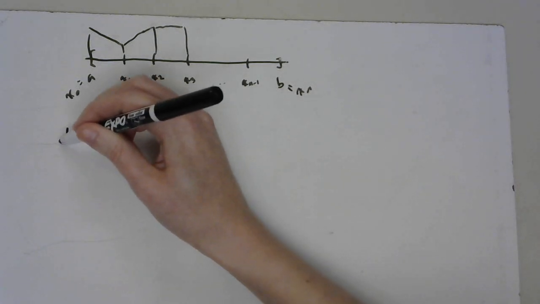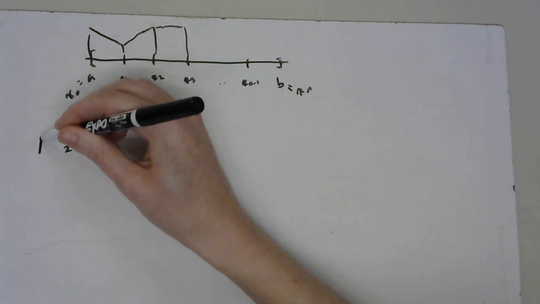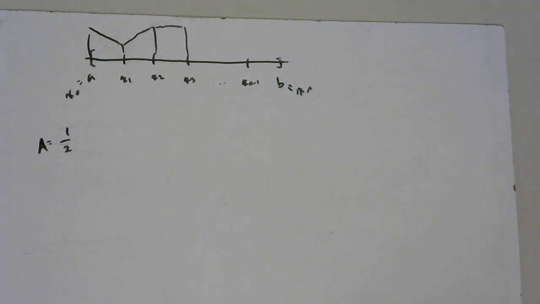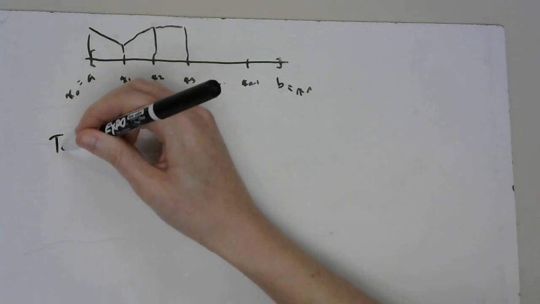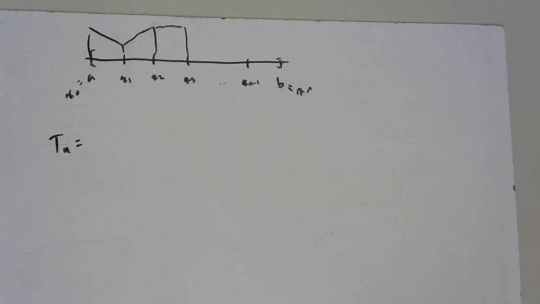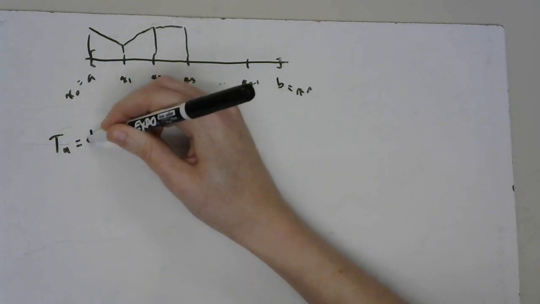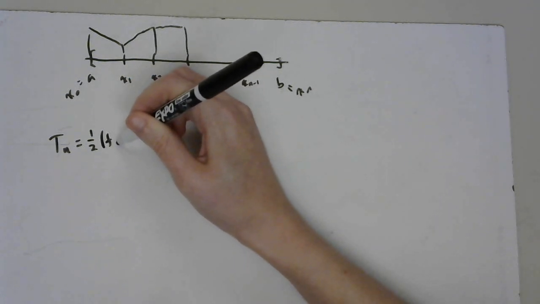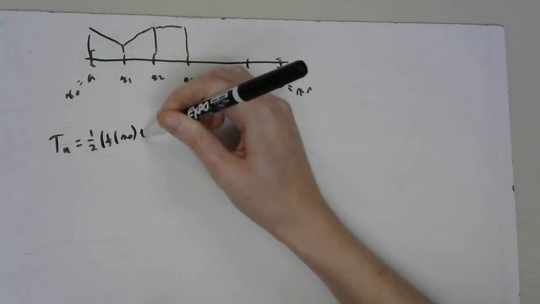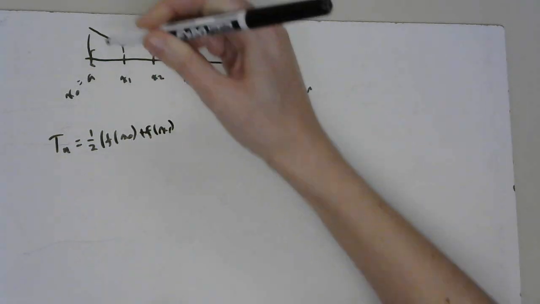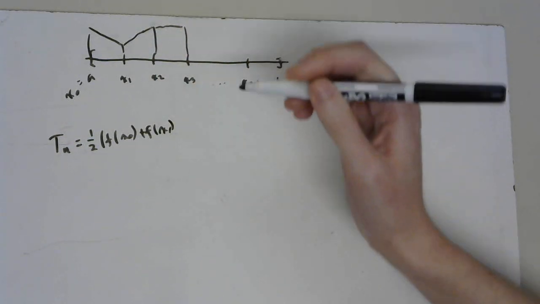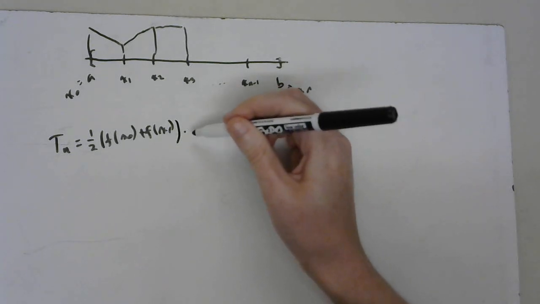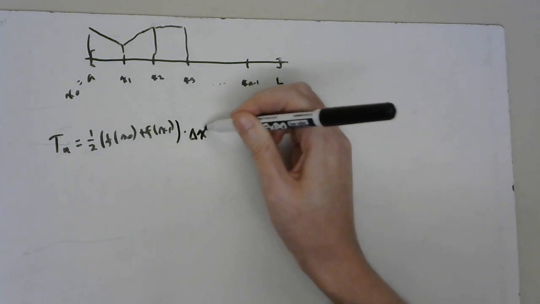As I said before, that would have looked like, in full form, my trapezoid sum with n subintervals would have been 1/2 f of x sub 0 plus f of x sub 1. Those would have given me my two bases right here, and then multiply that by delta x.